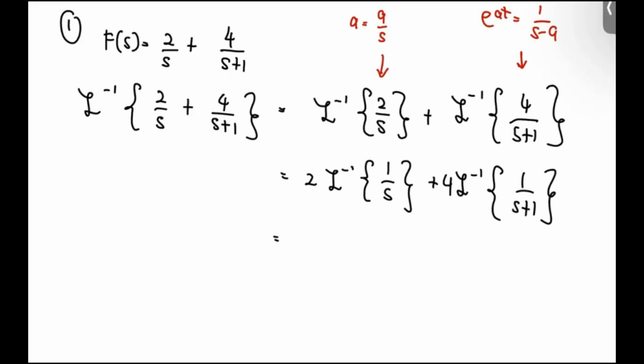So the inverse of 1 over s is 1. So 2 times 1 is 2, plus 4. Here is s minus a equal to exponent at. Here s plus 1, so a is minus 1. So here we have 4 exponent minus t.